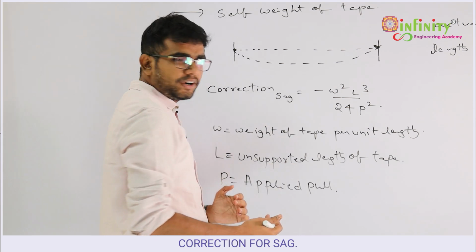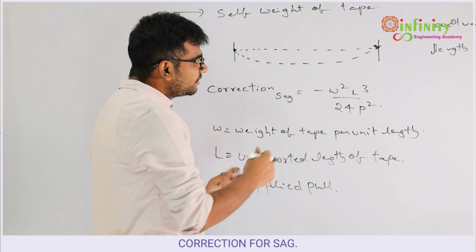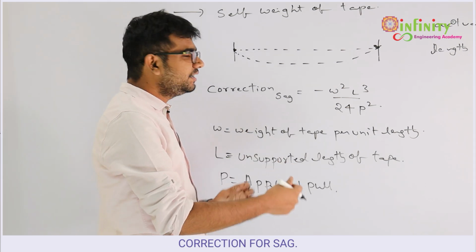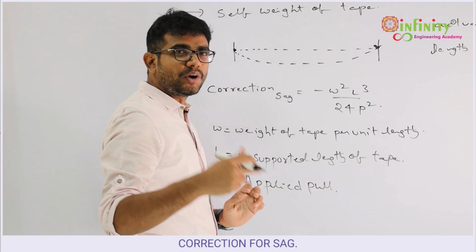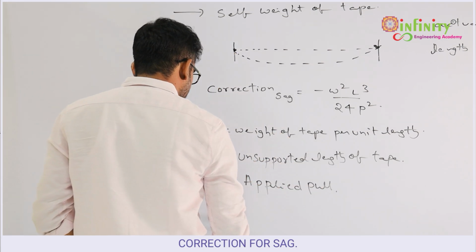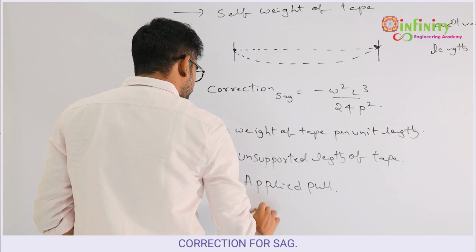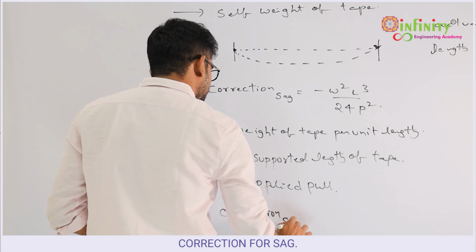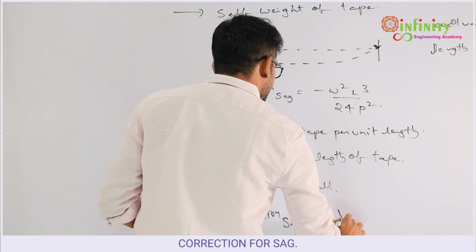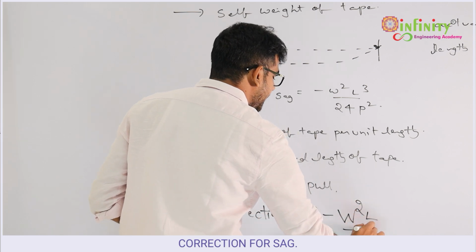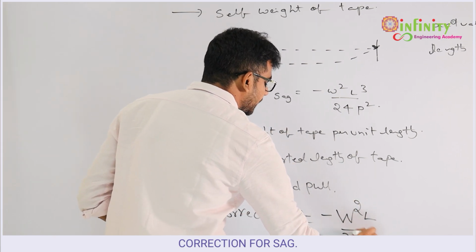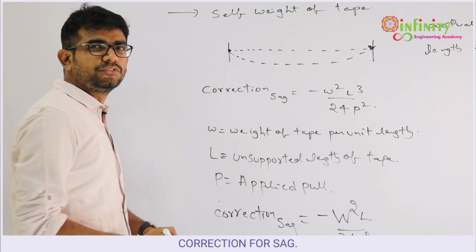But you might have seen another formula in a few reference books: correction for sag is minus W square L by 24 P square. Okay, minus W square L by 24 P square.